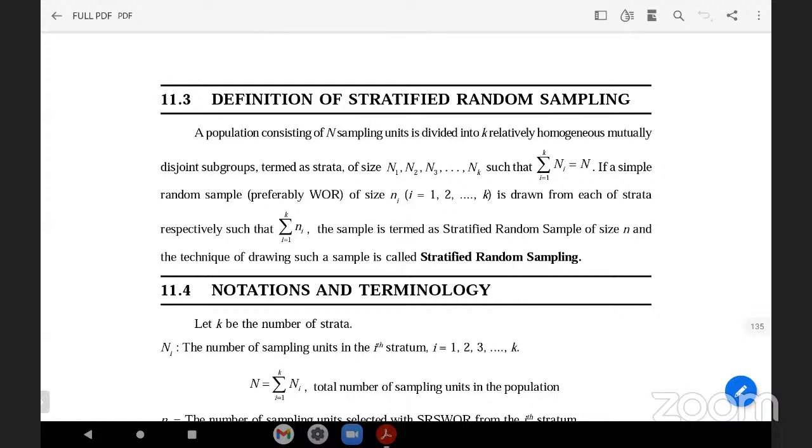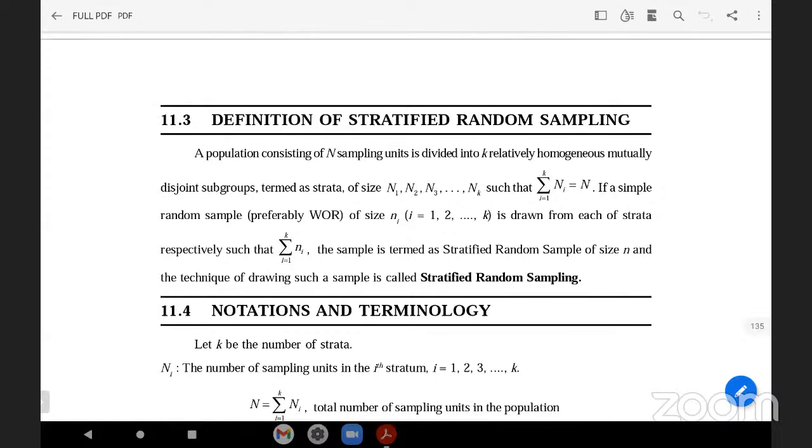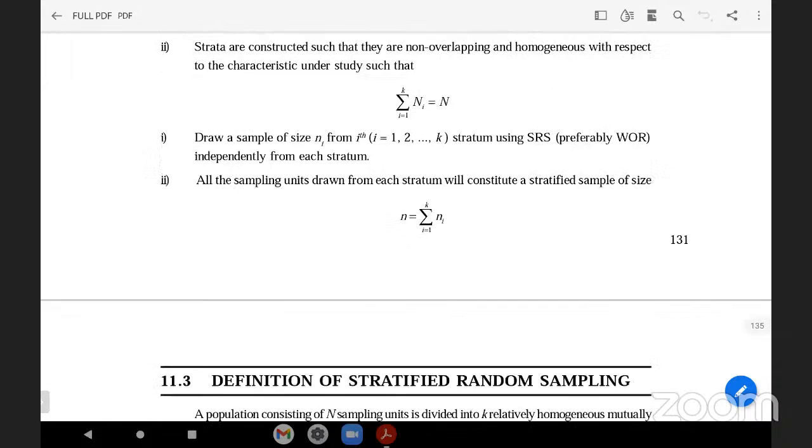How will the sample be divided? It is very difficult. In such cases we have to use stratified random sampling, which is more effective, and mostly without replacement is helpful for that.